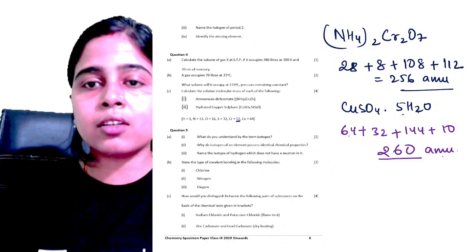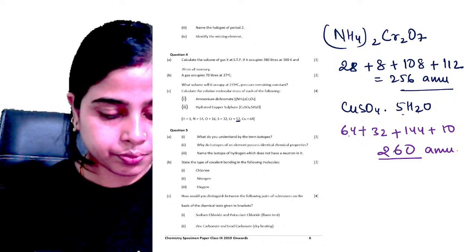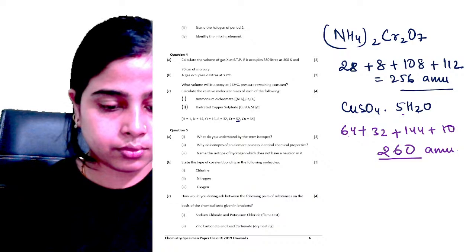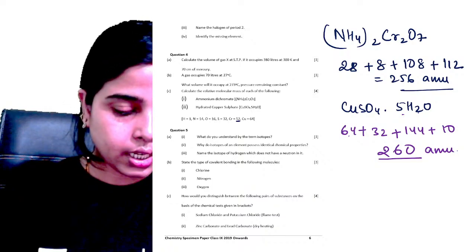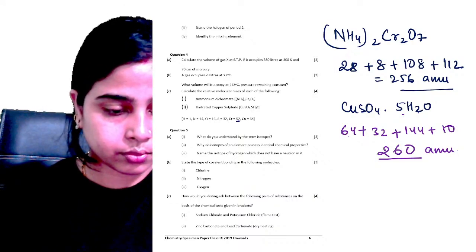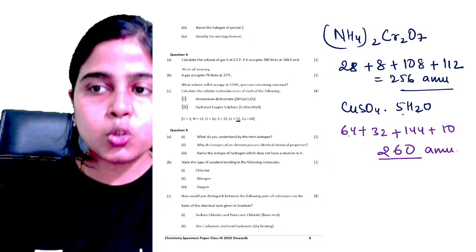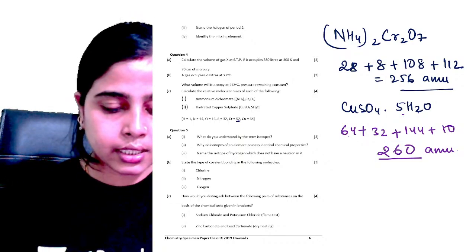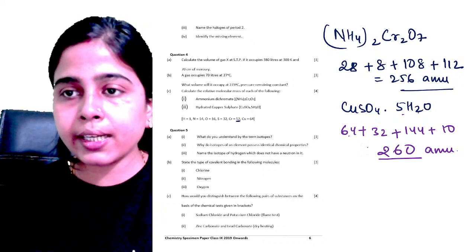Just check for any calculation mistake if I have made any. I hope it is clear to everyone. Yeah, that's why I told you to please check the calculation if I made any mistake.